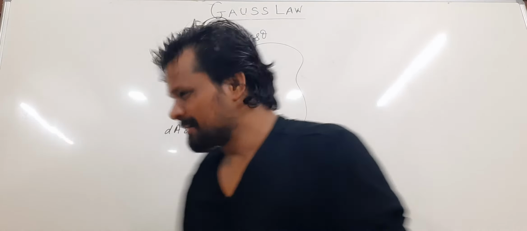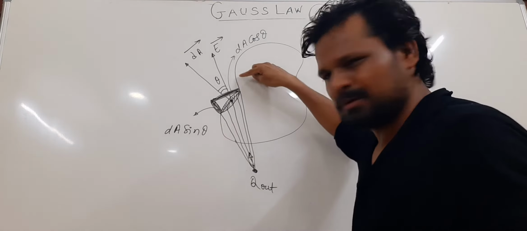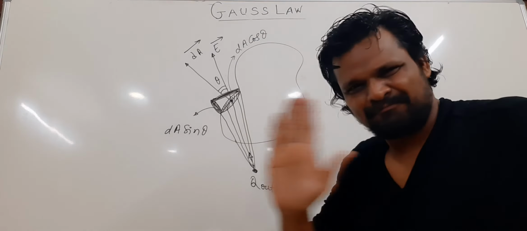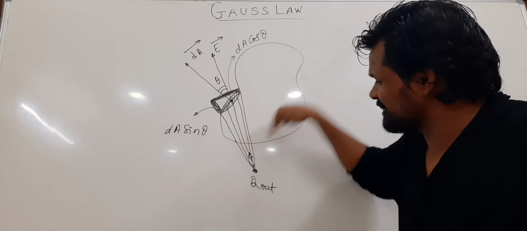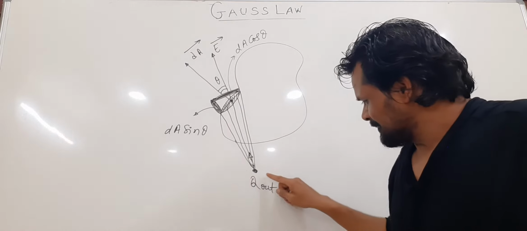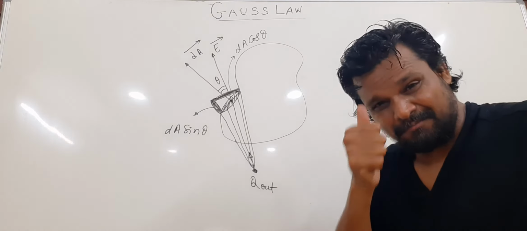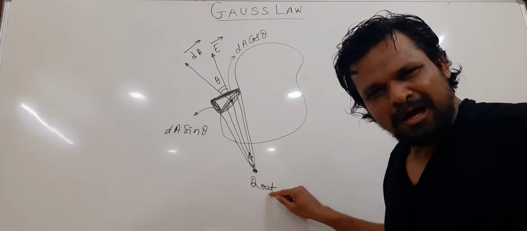Now please see here. This one is a closed surface which encloses no charge, suppose. Now outside of this closed surface, a point charge is kept, whose value is q out.